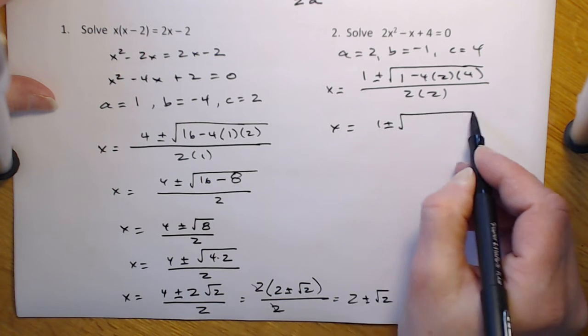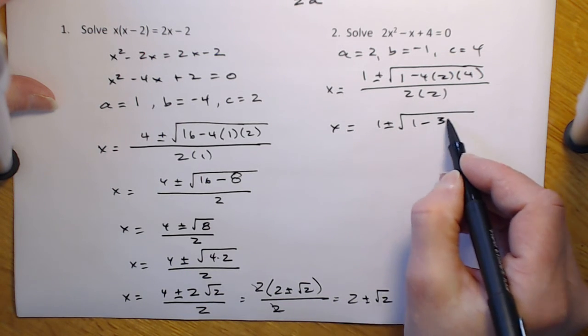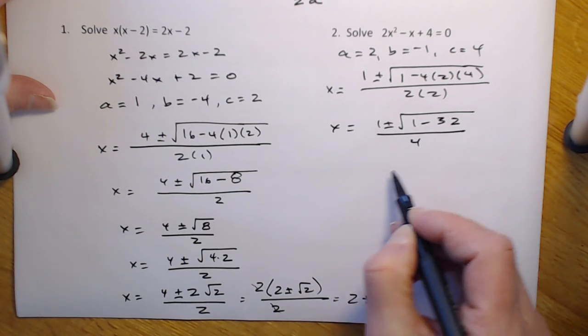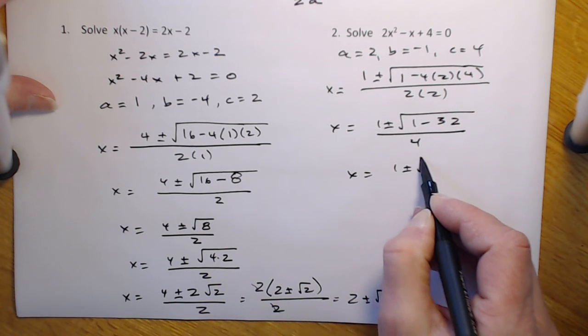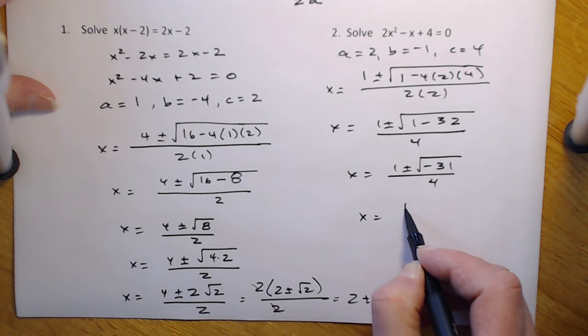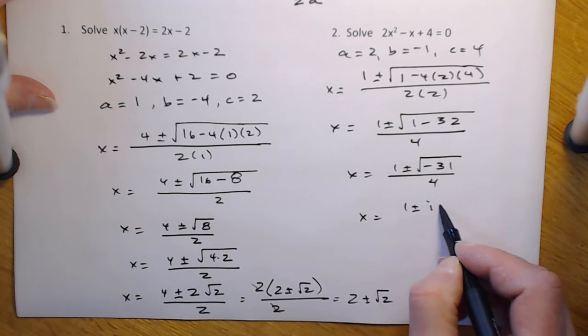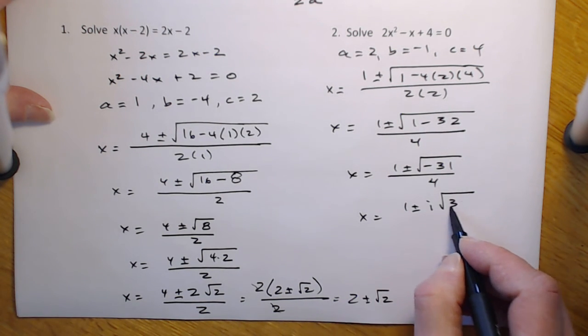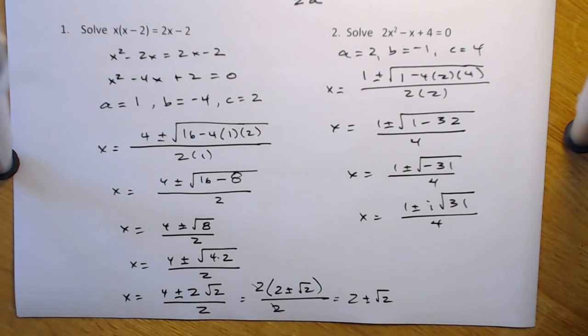So that's 1 plus or minus the square root of 1 minus 32, all over 4. So that's 1 plus or minus the square root of negative 31 over 4. And again, the only thing I can do here is take out that negative square root as an i. But otherwise, there's nothing really to clean up there.